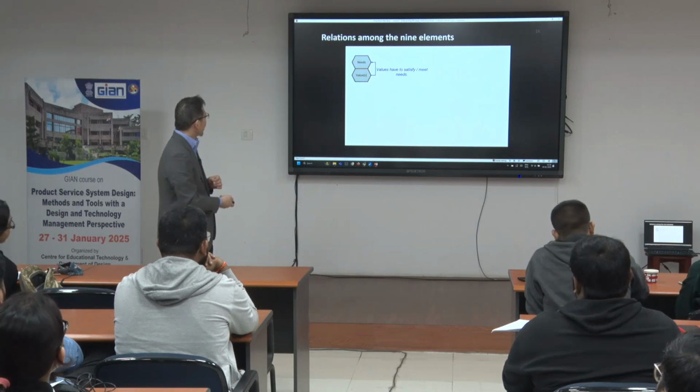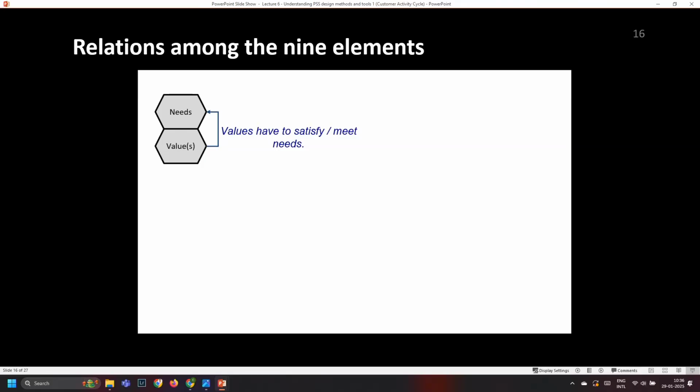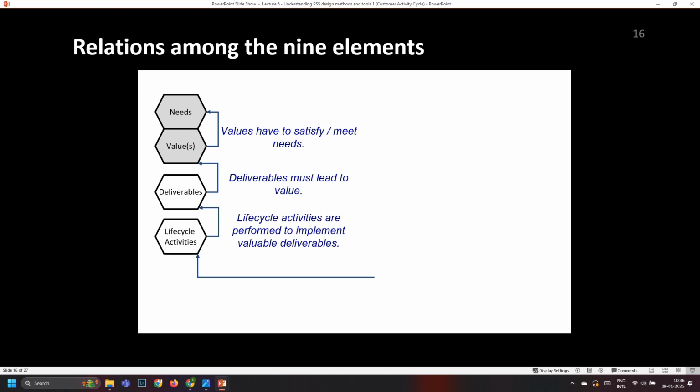So there are relations, as I have already mentioned some of them, but there are some relations between the needs and values. The values must support the needs of the target actor, and also the same sort of support relationships exist for the other relationships.